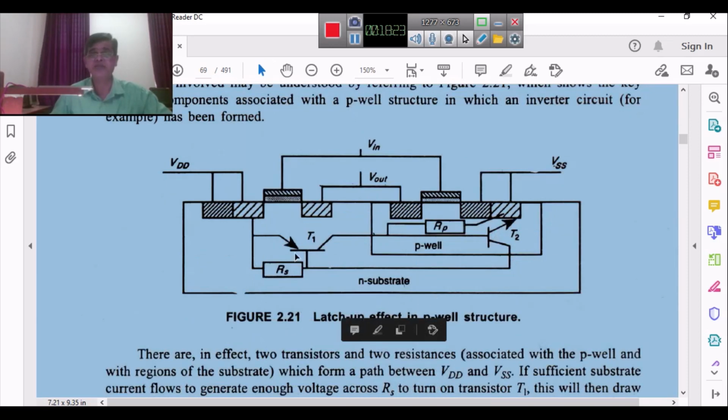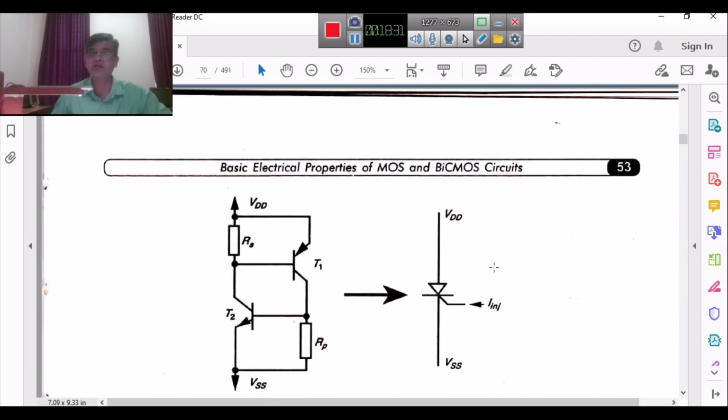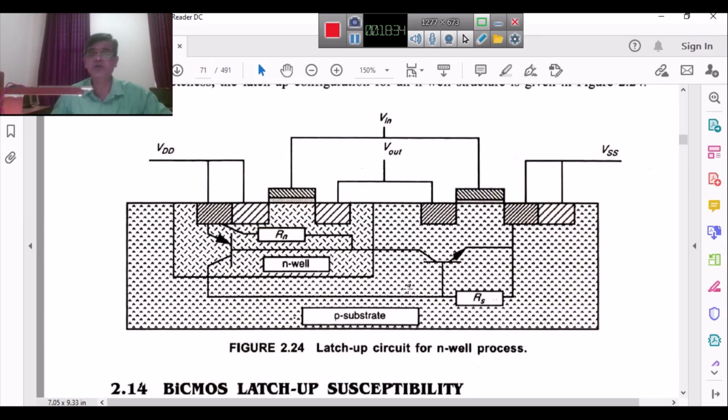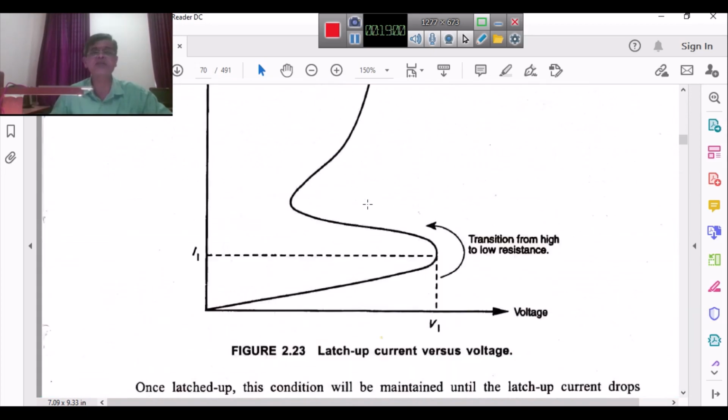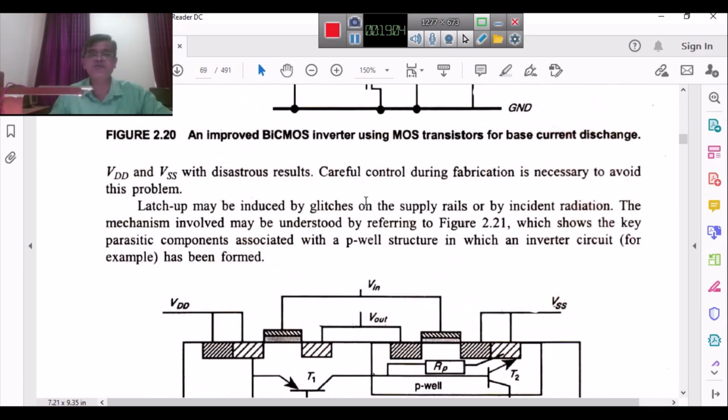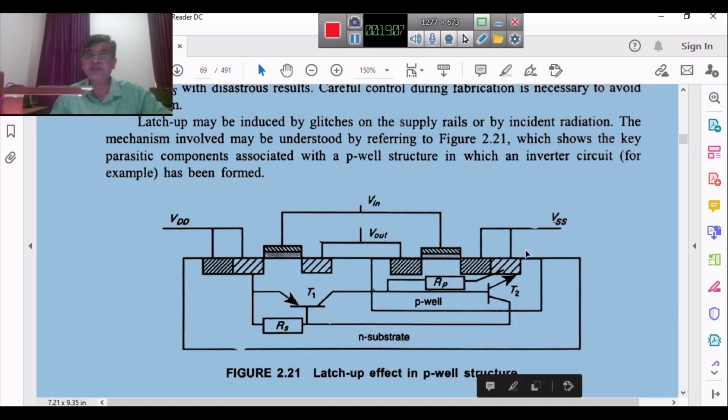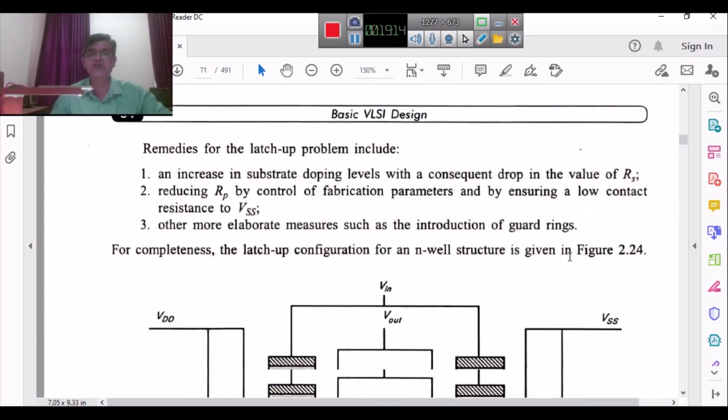The same explanation holds good, except the roles of NPN and PNP change. Here, instead of the P-well resistance RP, it is the N-well resistance Rn, and Rs, the substrate resistance, remains the same. The substrate here is NPN but PNP previously, and VDD and VSS are interchanged. So that is the only difference.